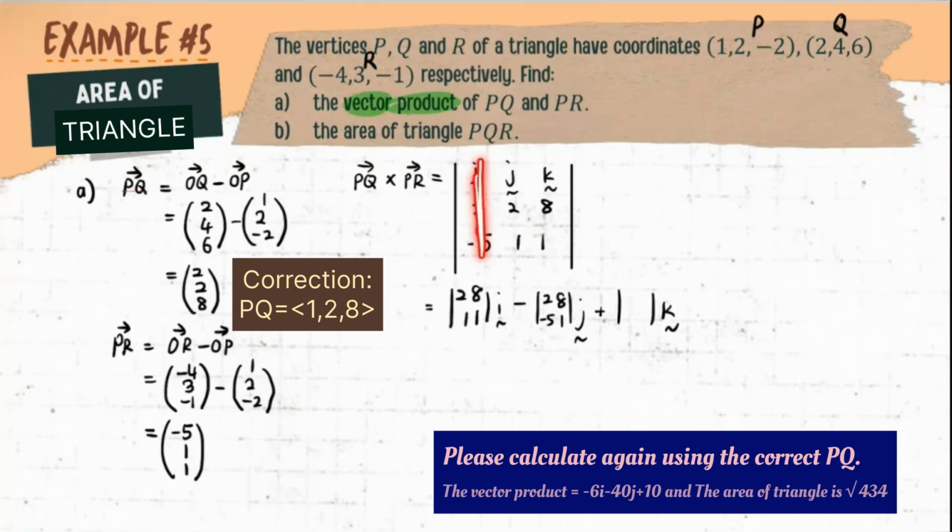Cover i, 2, 8, 1, 1. If we cover j, 2, 8, negative 5, 1. Cover k is 2, 2, negative 5, 1.